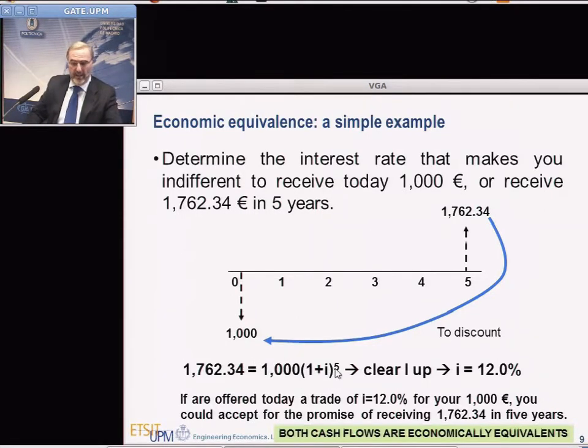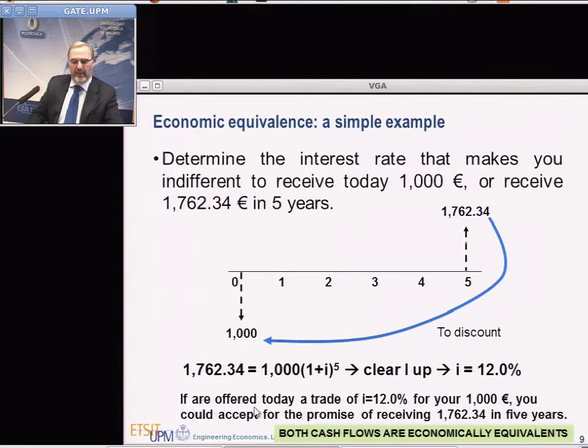both values equal, economically equal. So we clear i from this formula, and i is equal to 12%. So at an interest rate of 12%, investment 1, which is this one, is equal to the investment at moment 0, which is this one, if we have an option of investing at 12%.